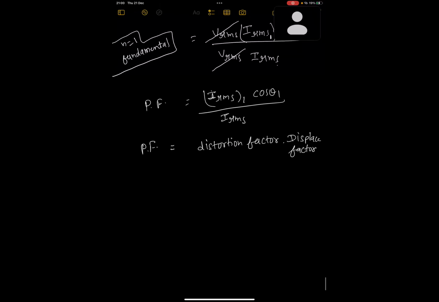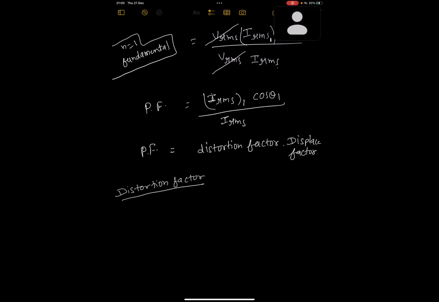See, this one is the displacement factor and distortion factor. What is displacement factor or distortion factor? Distortion factor is always less than 1.